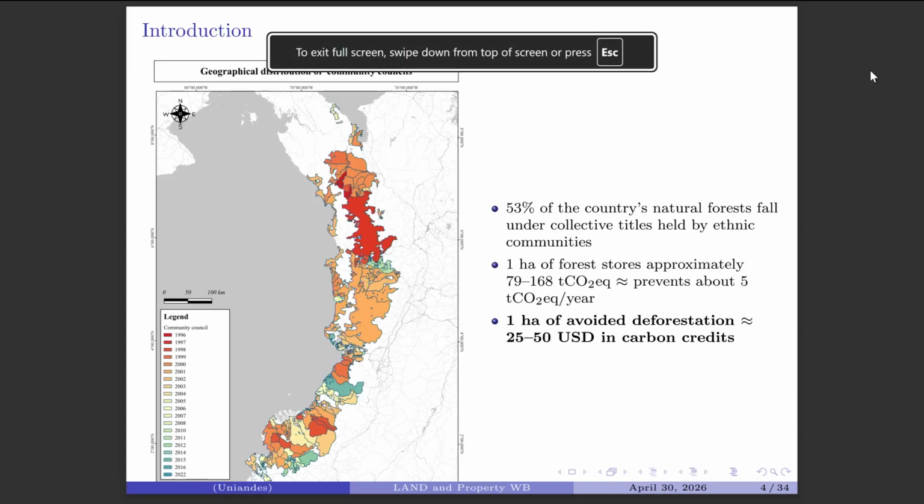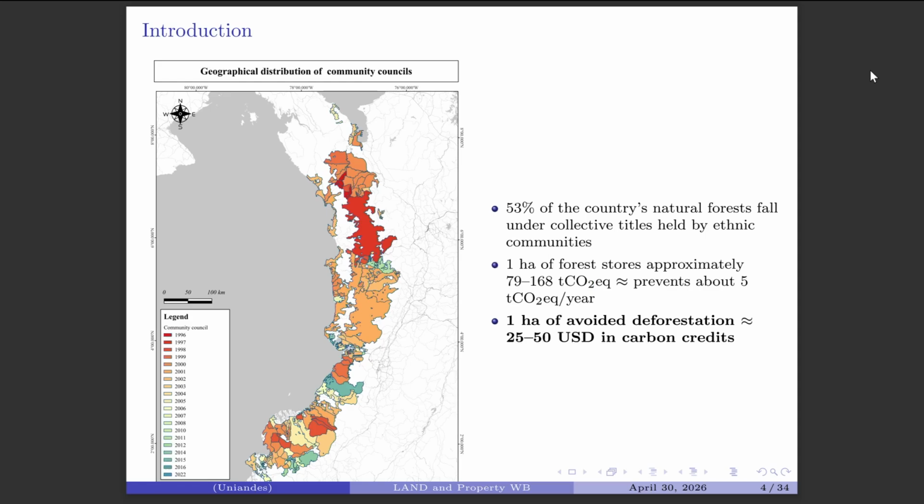And the other important element is that 1 hectare of forest stores approximately between 80 and 170 tons of CO2, but this is over the whole life of the forest. So in only 1 year, 1 hectare of forest prevents about 5 tons of CO2.